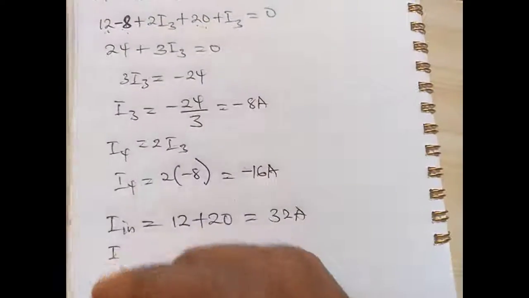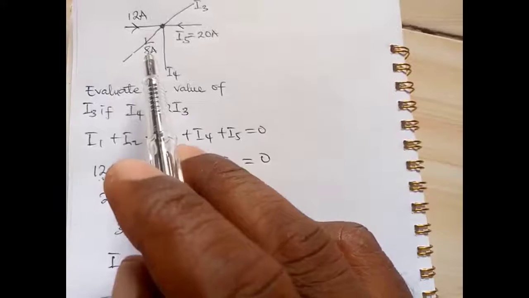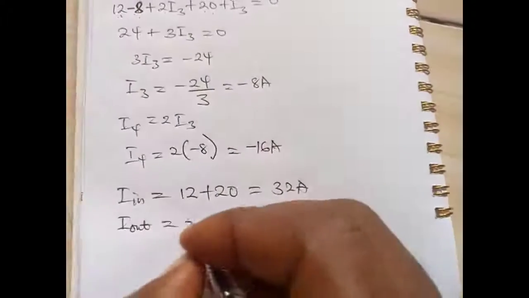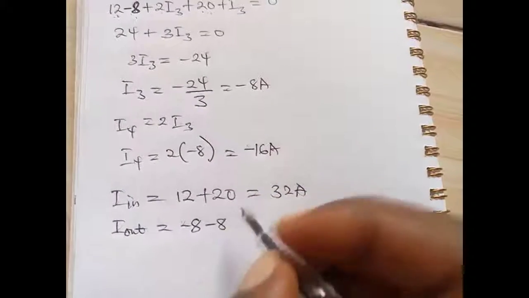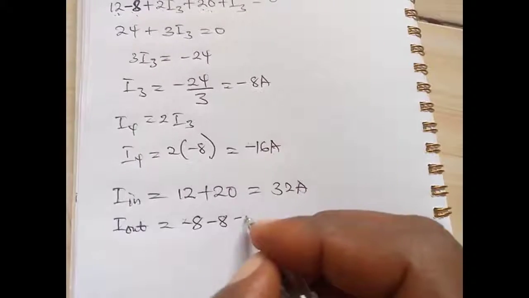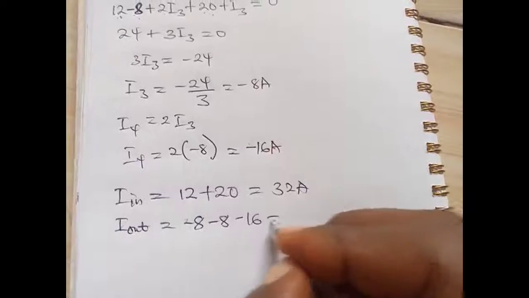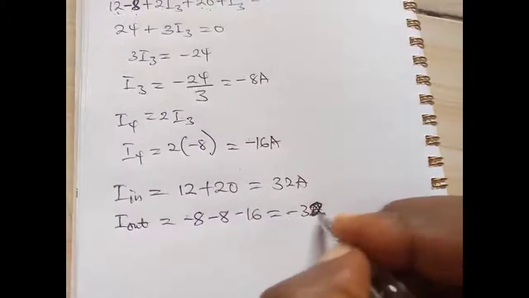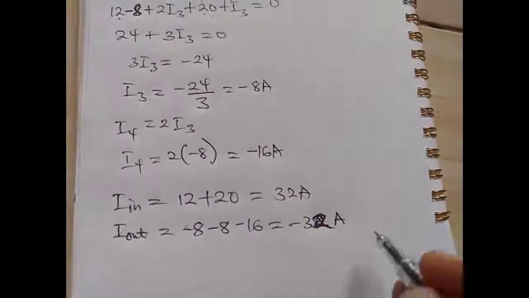If we check the current that goes out, we have the first one, negative 8, the second one is also negative 8, I3, and then the fourth one is negative 16. So this is 16 plus another 16, which will give us negative 32 amperes. You notice both of them, if you add them, equal 0.